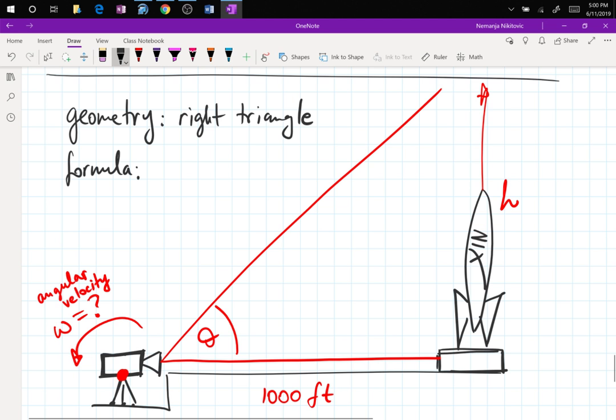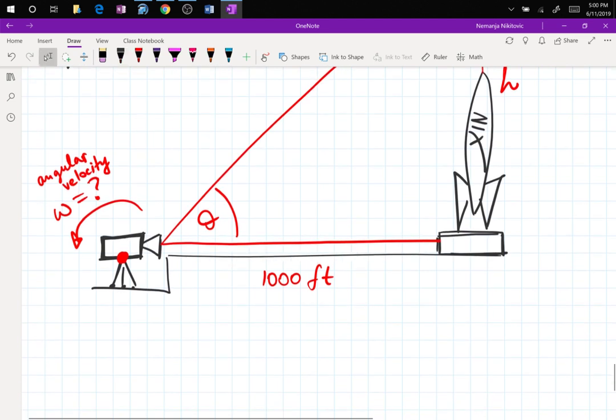Tangent. Because we have an angle theta, and we have opposite, which is h, and adjacent, which is 1,000. So we write our formula: tangent theta is equal to h over 1,000.